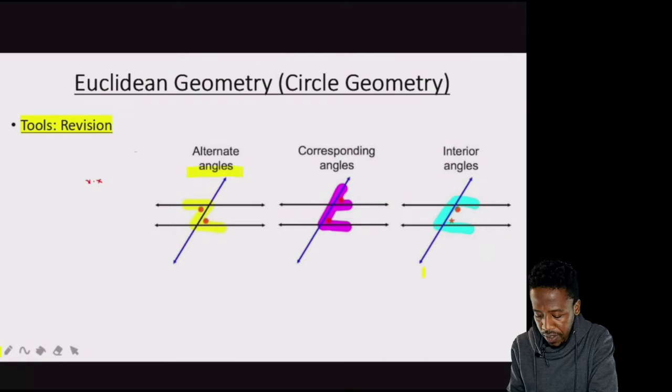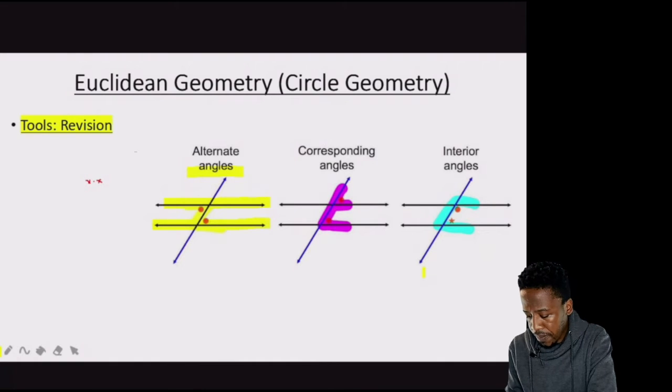Now you can't just have a Z pattern in any other case. For you to have alternating angles, your lines must be parallel, just like these two lines over here. These two lines are parallel, and we have those two orange dots as our alternating angles, as well as corresponding angles. If you have two parallel lines, you would have alternating angles. If these are my parallel lines, these two alternating angles will be equal.